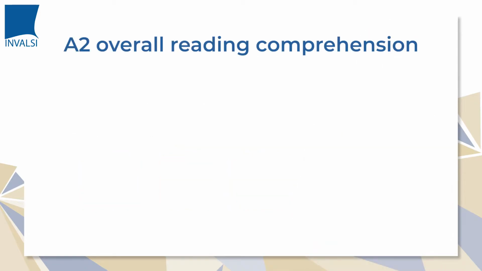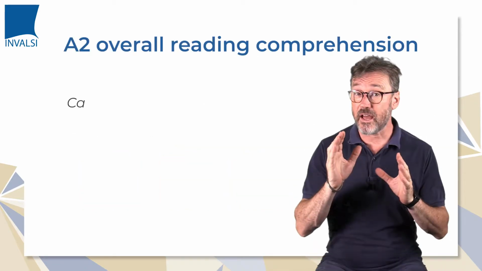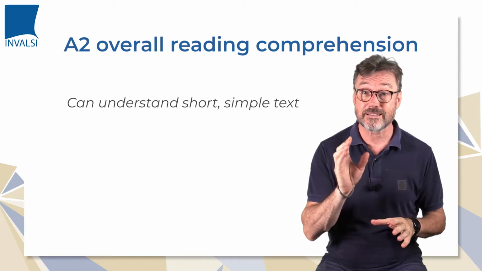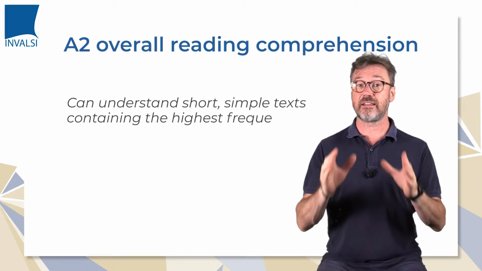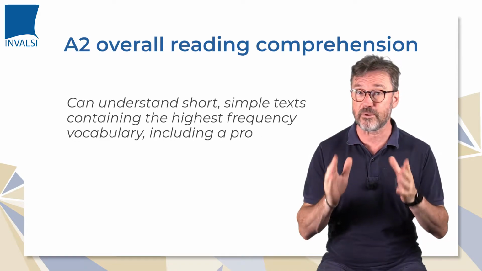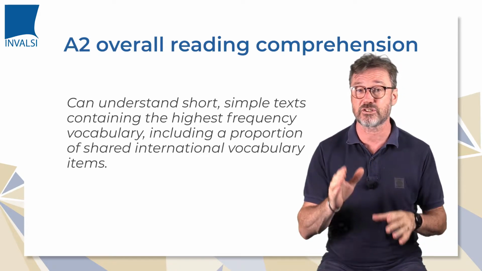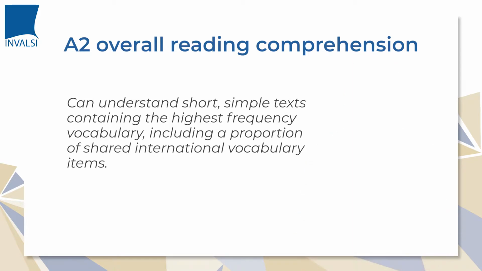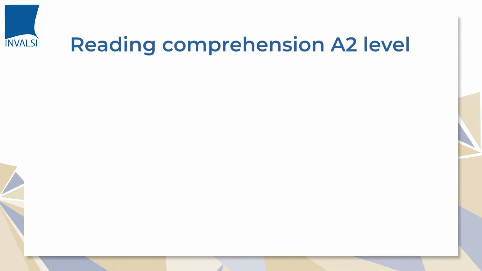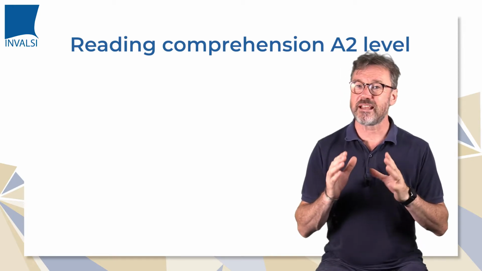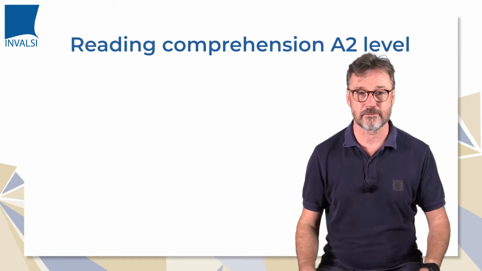An A2 language user can understand short, simple texts containing the highest frequency vocabulary, including a proportion of shared international vocabulary items. So how do we select an A2 text?